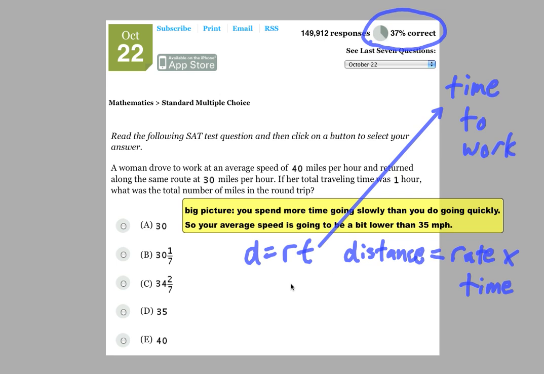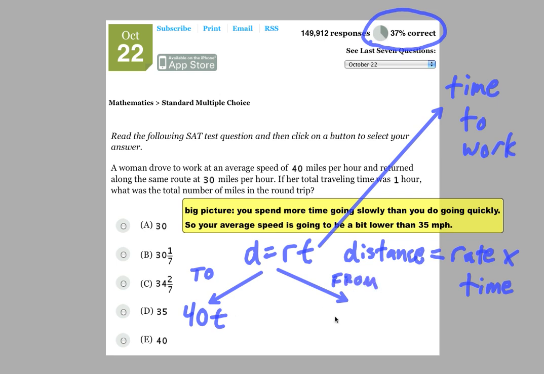Okay, so for example, if we were to say that, then we could split D equals RT into two parts. Right. And so the first part here is going to be 40t, right, because she drives to work at 40 miles an hour, that's the time to work, so that's the simple one. And then the other one, so let's just notate here, this is to, and this is going to be from.